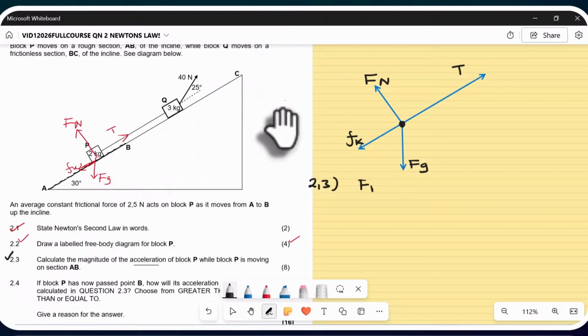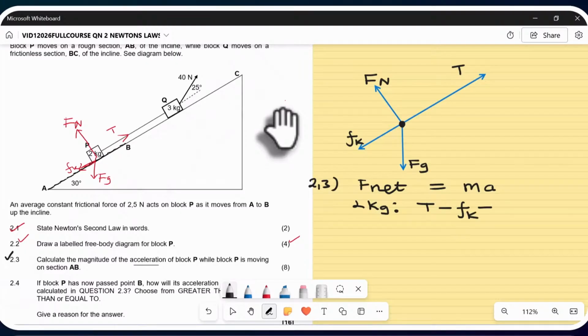If you look at the 2 kilogram block, I can see that the tension, minus frictional force, that's Fk, minus the component of gravity which is parallel to the slope, that's Fg parallel, equals to ma.